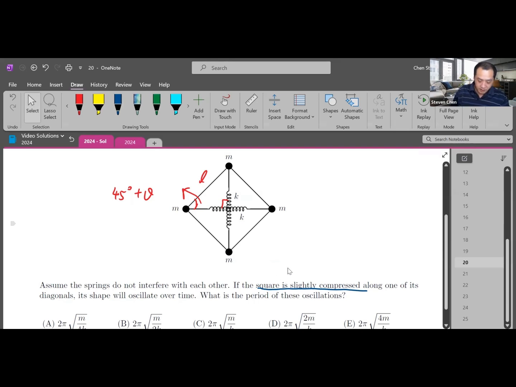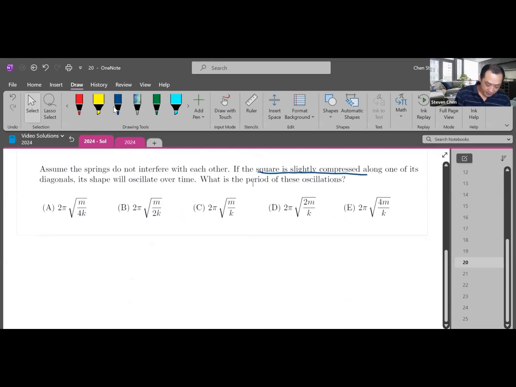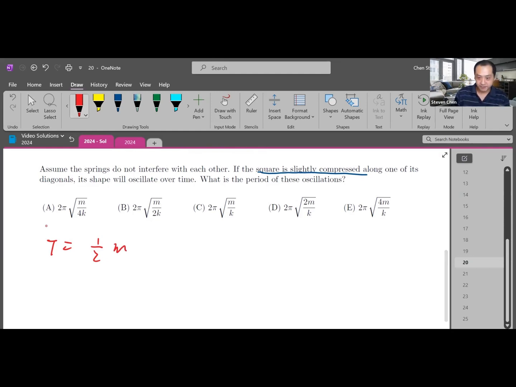By introducing this generalized coordinate, now we are ready to write down the system's kinetic energy and the potential energy. Let's write down the kinetic energy. Let's look at the two masses that are horizontal. For each one, its kinetic energy is 1/2 times the mass times the square of d/dt of its displacement, L cosine of 45 plus theta.